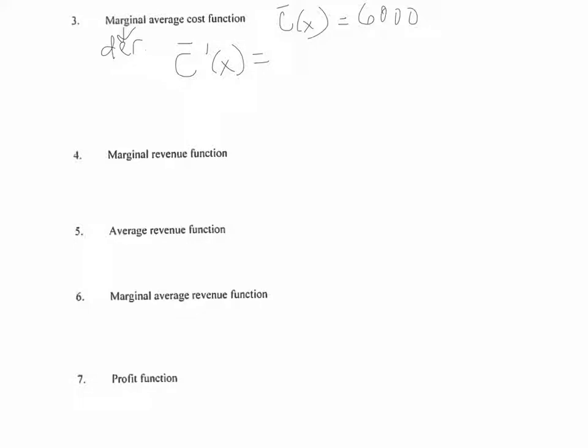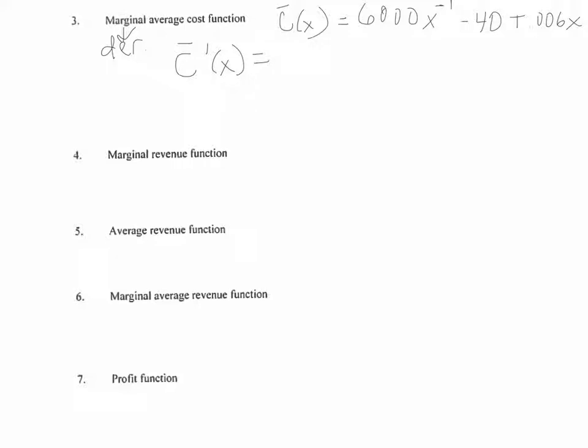As what? 6,000x to the negative 1. The x to the first on bottom becomes x to the negative 1 when I take it to the top. And then we had our minus 40, and then we had our plus 0.006x, and that's what we're going to be taking the derivative of.